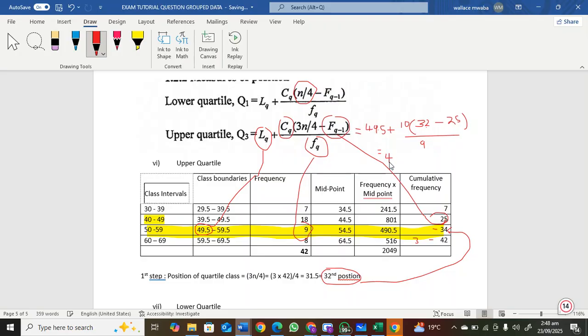So I'm going to say 49.5 plus 10, open brackets, 32 minus 25, that is 7.